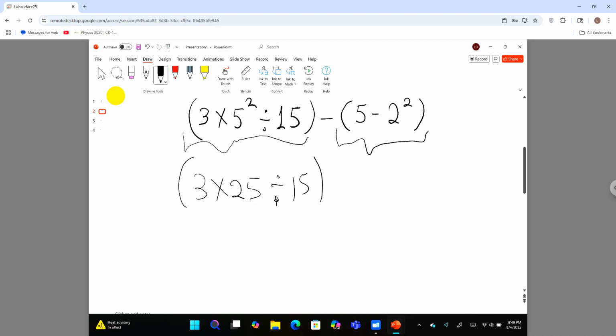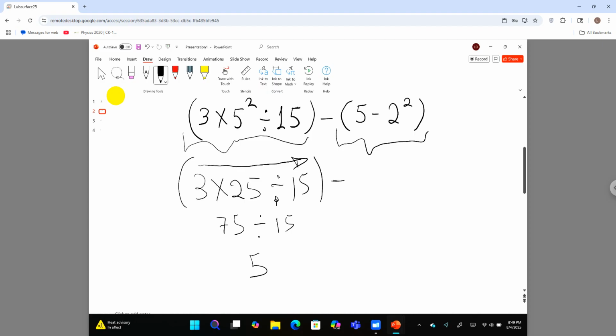So they are at the same level, so we move left to right. 3 times 25 is 75. And 75 divided by 15, it will be 5, I believe. Yeah, so this will be 5.